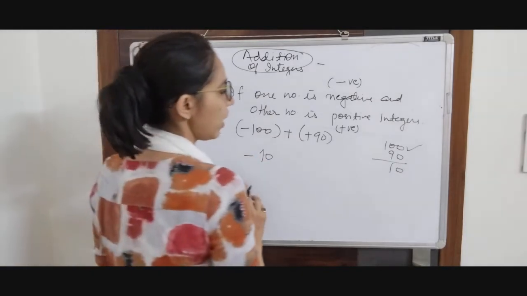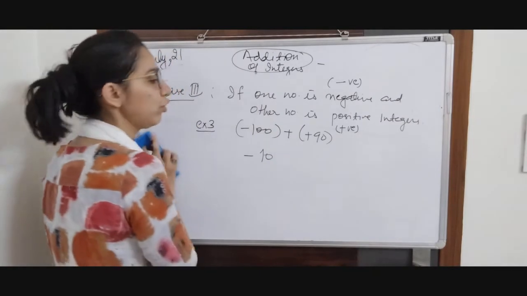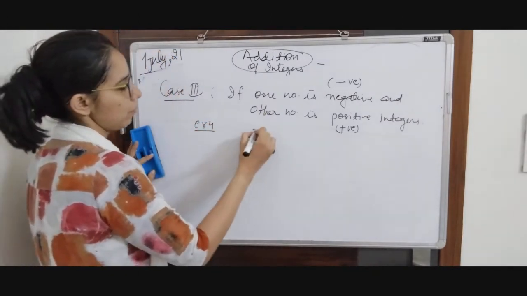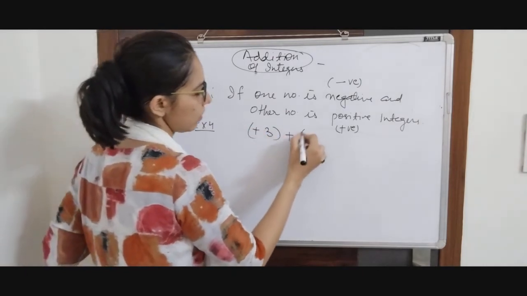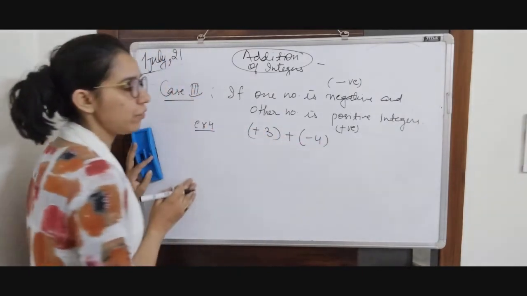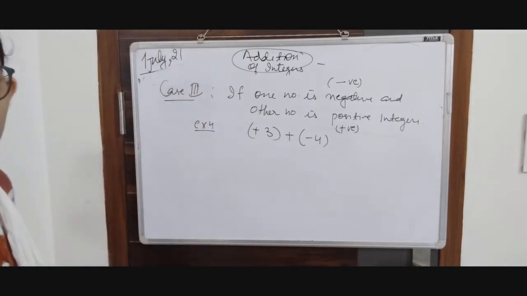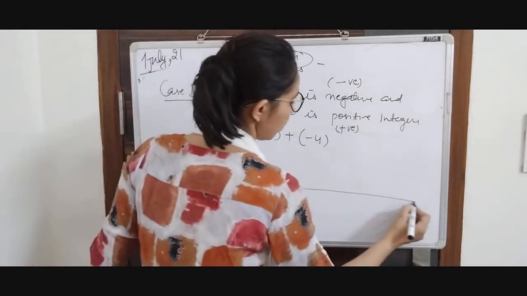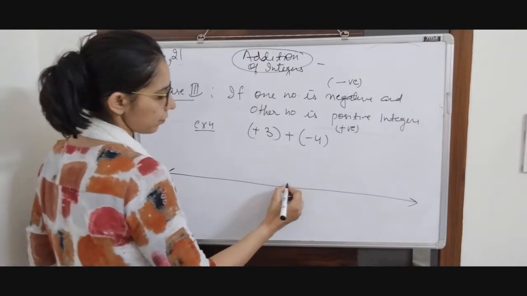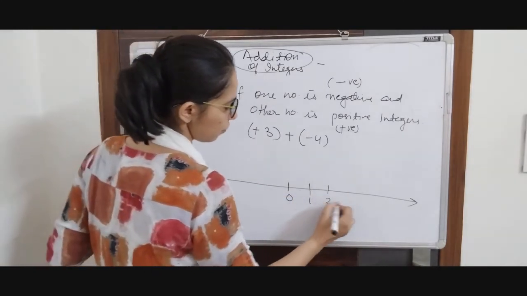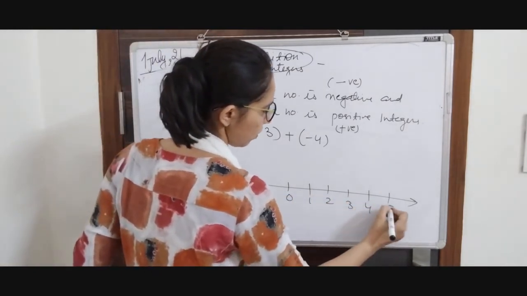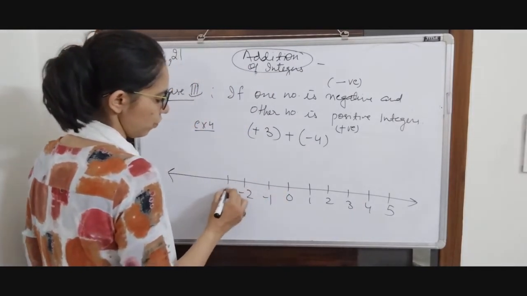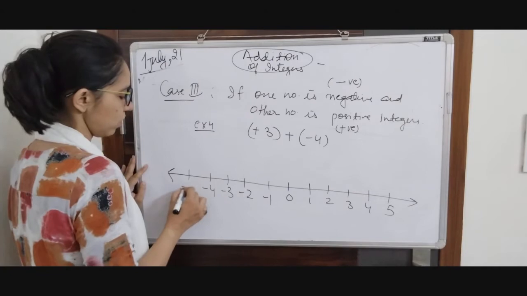Now we are going to do one example using a number line. Suppose we have plus 3 and minus 4. How will we do this using a number line? We will draw a number line: 0, 1, 2, 3, 4, 5, minus 1, minus 2, minus 3, minus 4, minus 5.